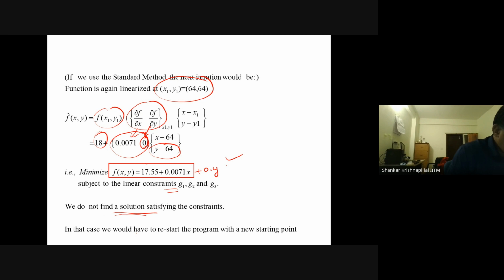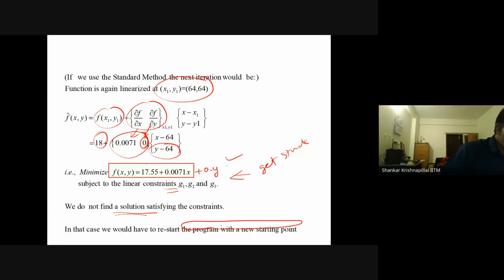In fact, the solutions we get will not satisfy the constraint. So in this case, the algorithm will get stuck in the second iteration. Okay. So the remedy is that you have to restart this entire problem with a new starting point. And hopefully it will converge to the solution.